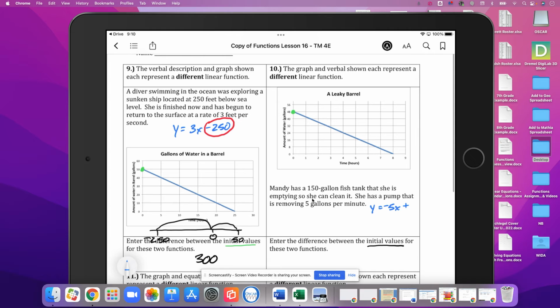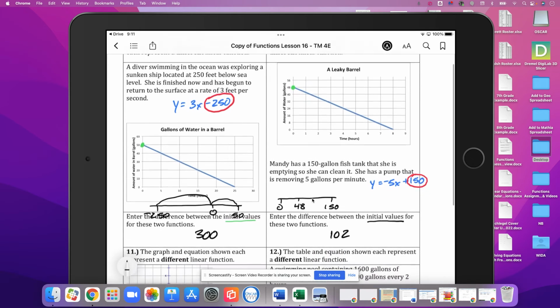And it's starting with 150 gallons in the tank, so positive 150. And so our initial value for this one is 150. Our initial value for the other one is 48. So those are both on the same side of 0. So 150 minus 48 is 102 for number 10.